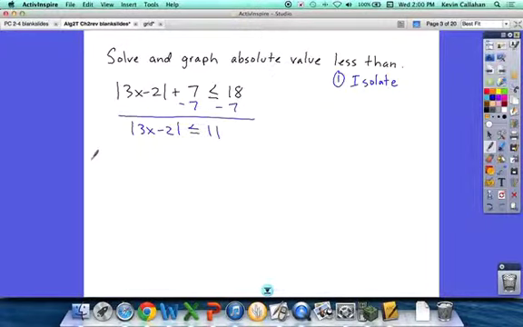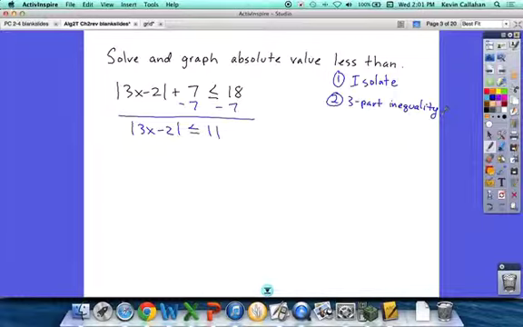Okay? What is the step that breaks down the absolute value or undoes it? For a less than, it's a 3-part inequality. Right? Okay, what will it be for this one in particular?